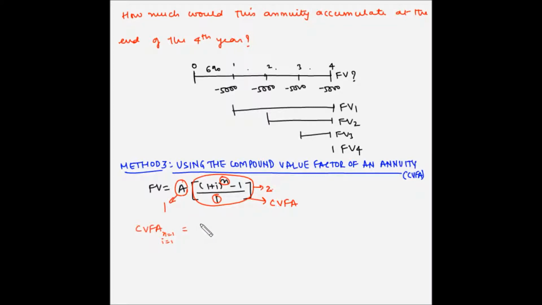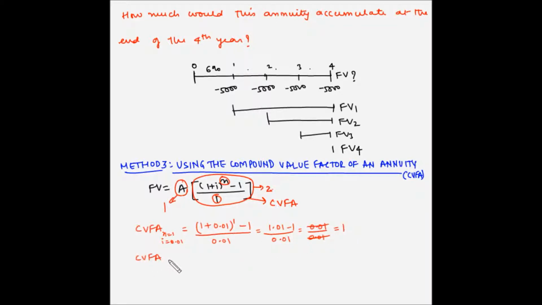So this will be equal to 1 plus I, we'll take it 0.01, to the power n, where n is 1, minus 1 divided by I, which is 0.01. So this is 1.01 to the power 1, which is 1.01, minus 1, divided by 0.01. So this is 0.01 divided by 0.01, which is equal to 1.